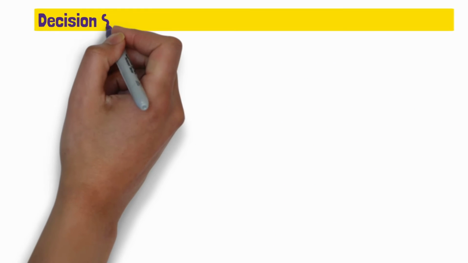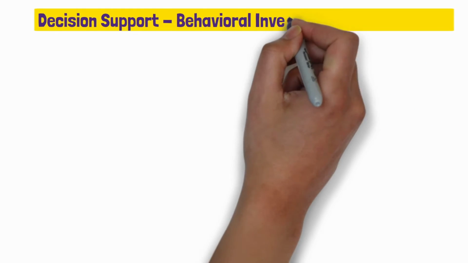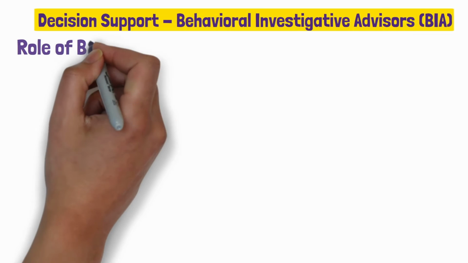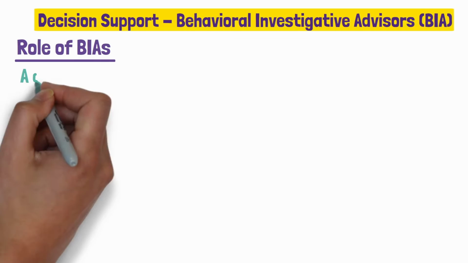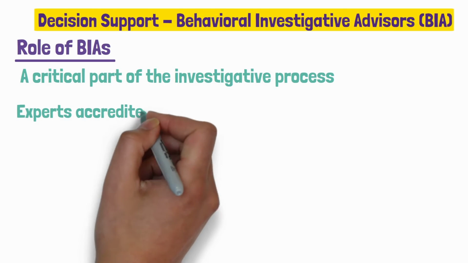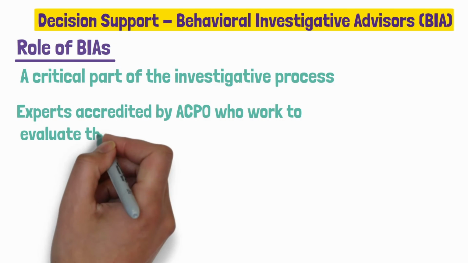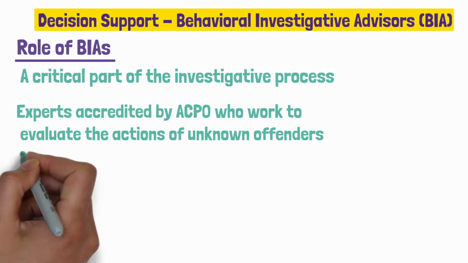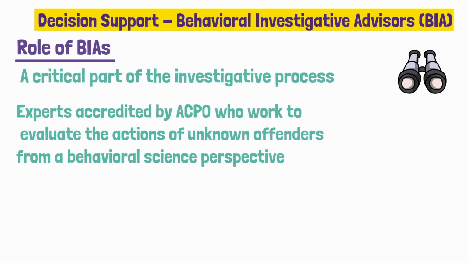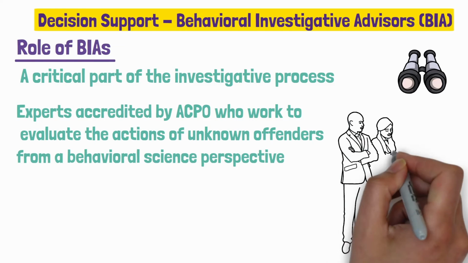Now let's explore the role of behavioural investigative advisors within the ACPO Core Investigative Doctrine. Behavioural investigative advisors are a critical part of the investigative process. They are experts accredited by the ACPO who work to evaluate the actions of unknown offenders from a behavioural science perspective. Their role is to provide invaluable insights that can guide investigations.